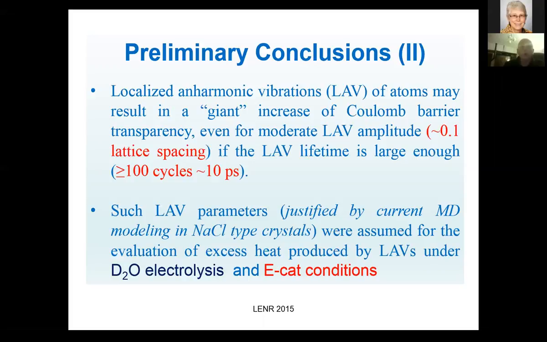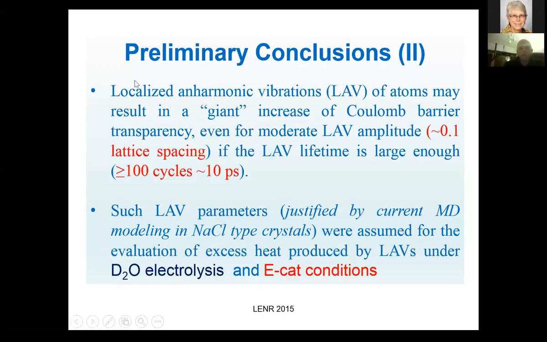Just oscillation of 10% of the lattice spacing can be enough, provided that the lifetime of these vibrations is long enough, about, for instance, 100 cycles, which is just 10 picoseconds actually.